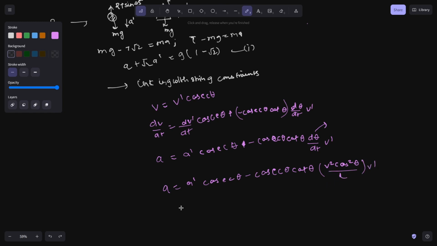Now we know that theta is equal to 45 degrees and v is equal to (3 minus 2 root 2) gL to the power half, and v' as v sin theta.